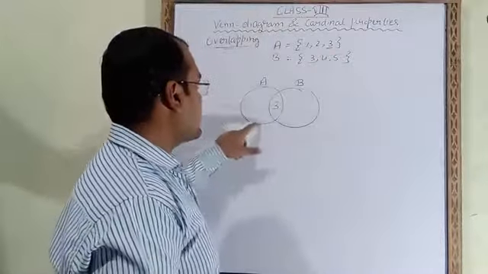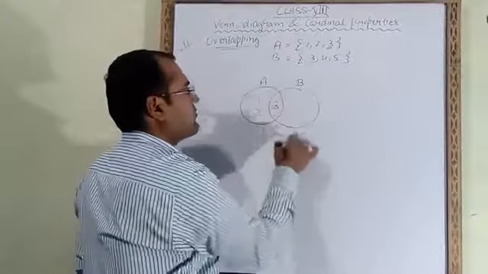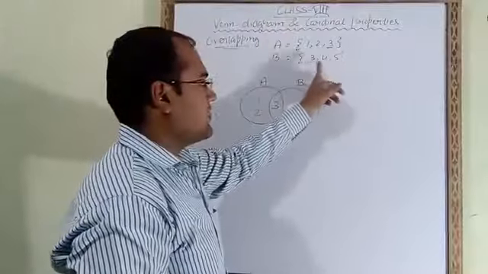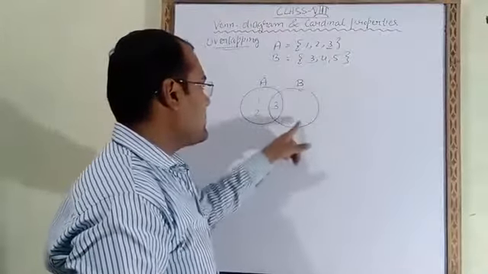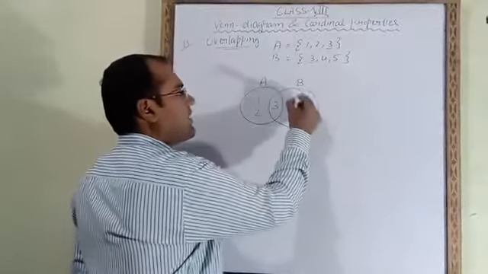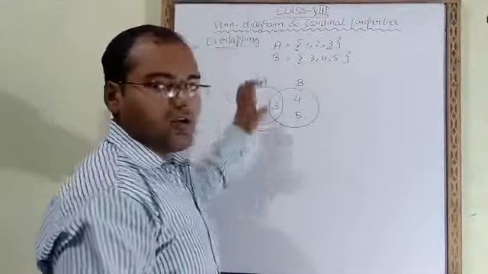In the A circle, 3 is already written, so we fill 1 and 2 here. In B, we have 3, 4, 5. This is the circle of B. Here 3 is already written, so in the remaining part we write 4 and 5. This is the figure for overlapping.